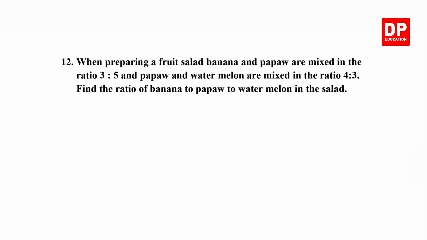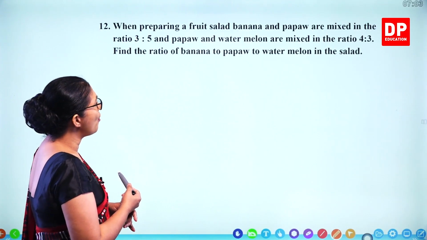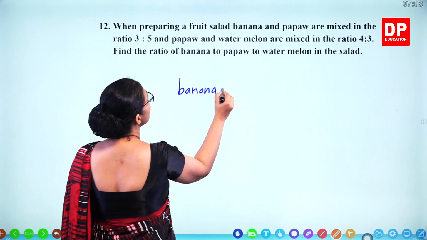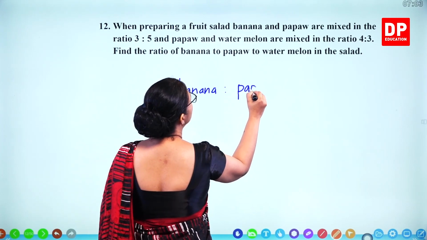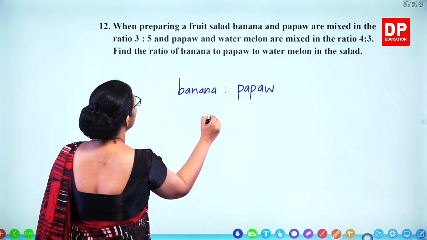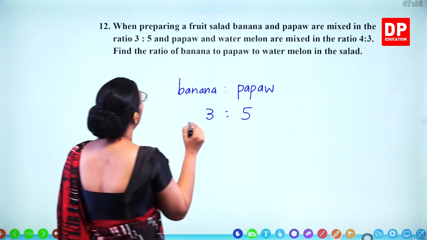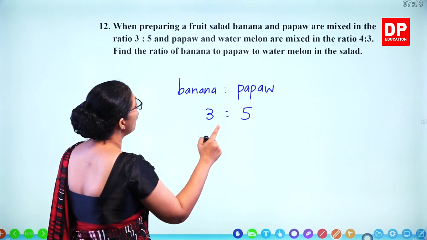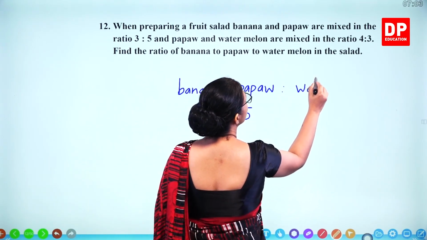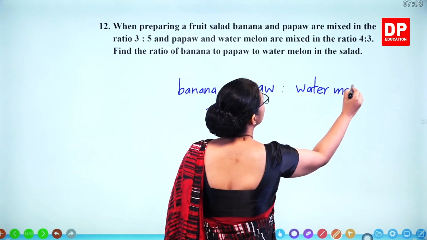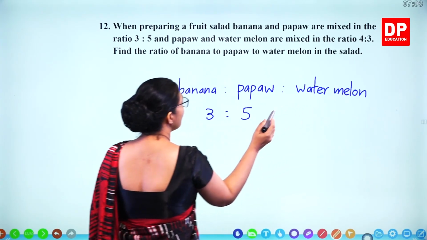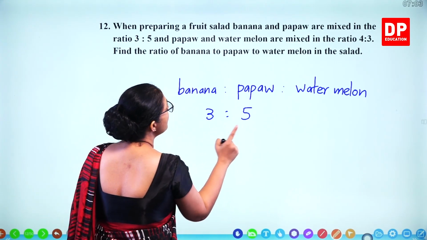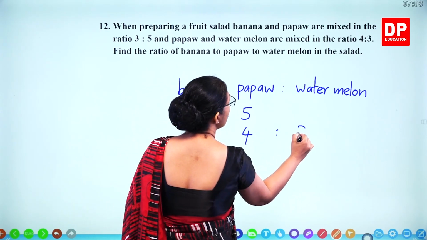Question number 12. When preparing a fruit salad, banana and pawpaw are mixed in the ratio 3 to 5. And pawpaw and watermelon are mixed in the ratio 4 to 3.